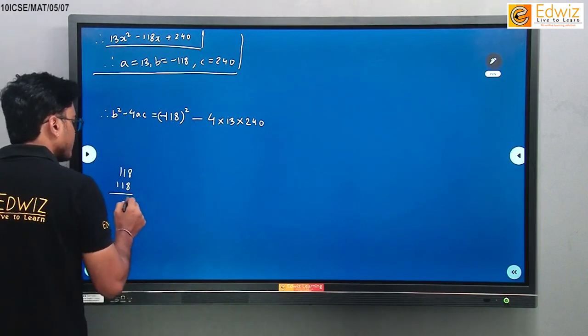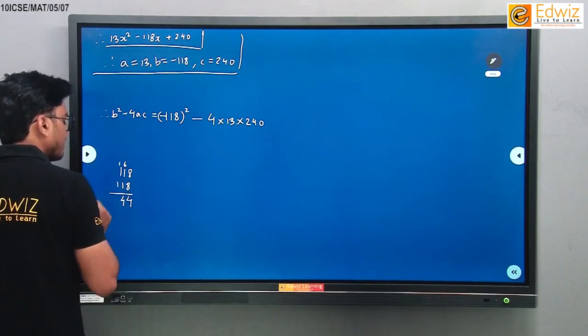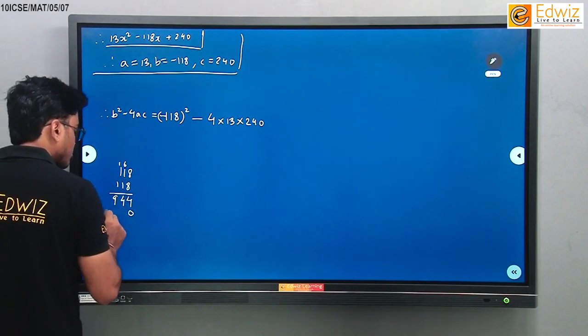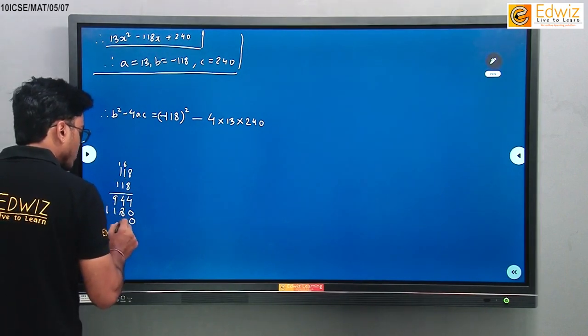118 square we will have to calculate. Let us do that. 8 8s are 64, 8 1s are 8, 14, 1 carry, 8 1s are 8, 9, 0. Then again it is 1, so we will get 118. Then 2 zeros, once again we will get 118.